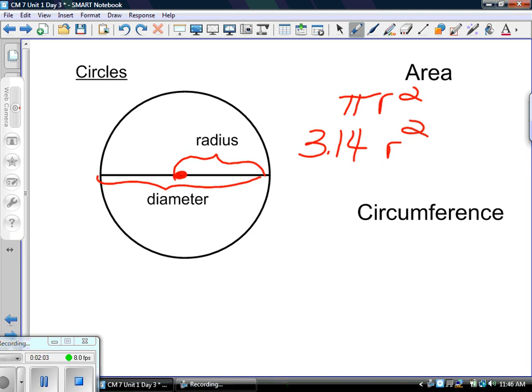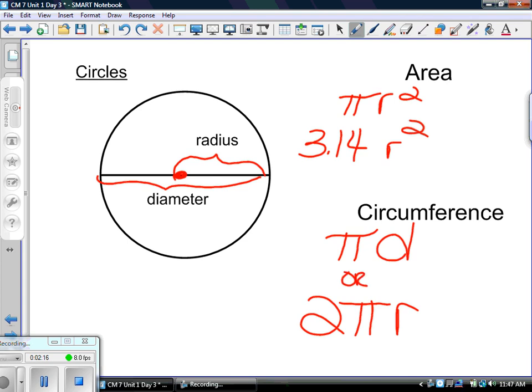The circumference, you will see in one of two versions, either pi times the diameter or 2 times pi times the radius. These formulas are actually one and the same. They look different, but they are not different at all.